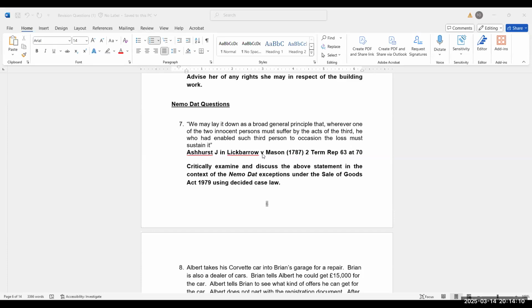So what we're seeing is that this statement, that the person that has caused the loss should sustain it, is not shown in the way the courts have treated the exceptions. Some of the exceptions that have been drawn, there's the estoppel that is narrowly construed, which can be contrasted with sale by a seller in possession. So the number of exceptions are not defensible.